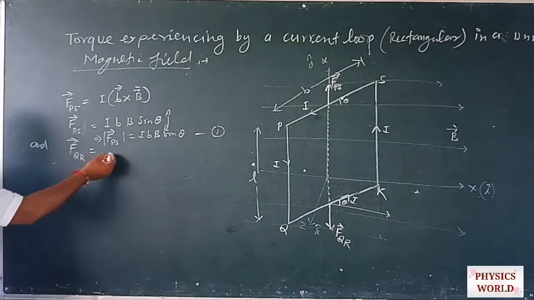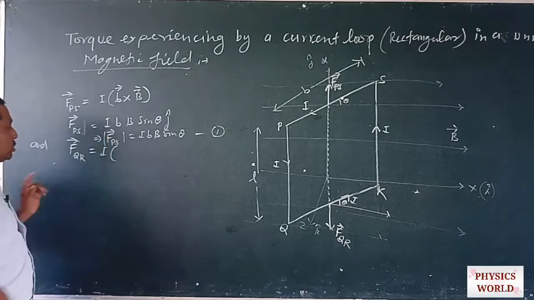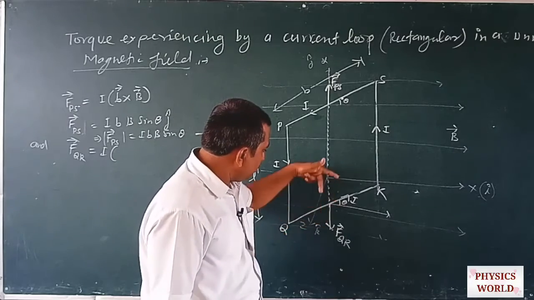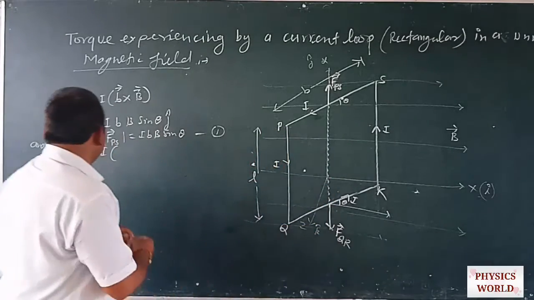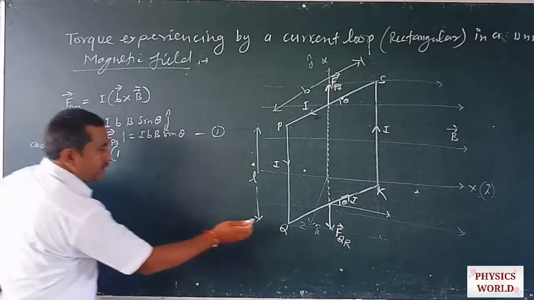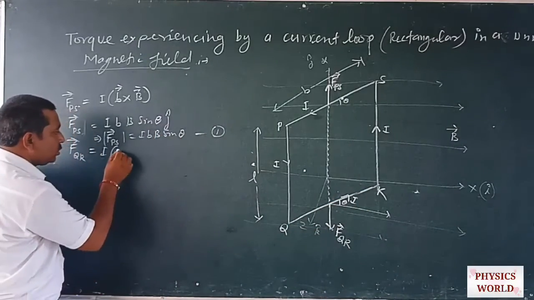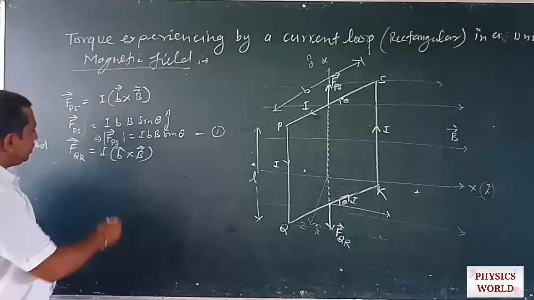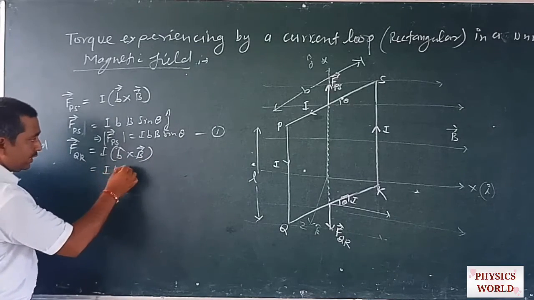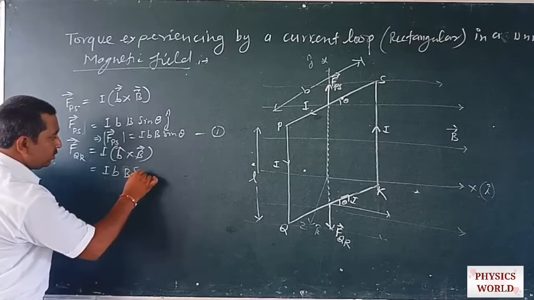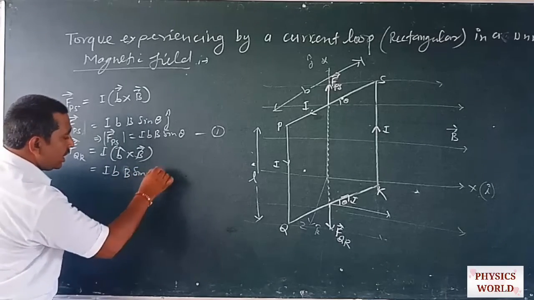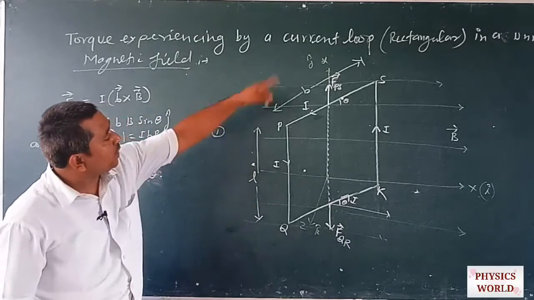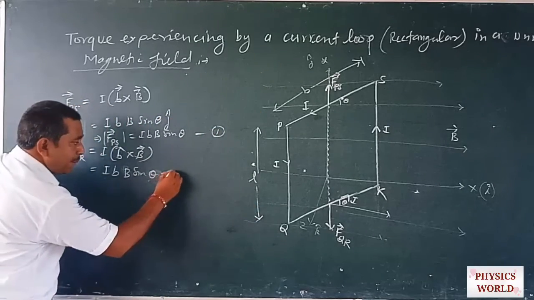Now from here we can also get the value of this force according to Fleming's left hand rule. We get the direction of this along here, and the length of this QR, that is b, cross B. Okay, so if we explain it, we get IbB sine of theta, and the direction is just along downward from the y-axis, that is negative of j cap.